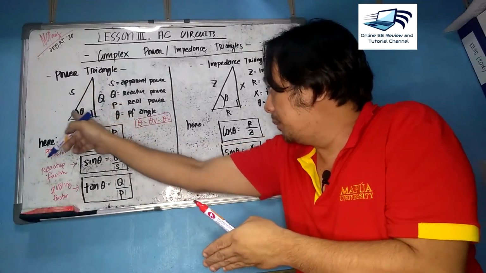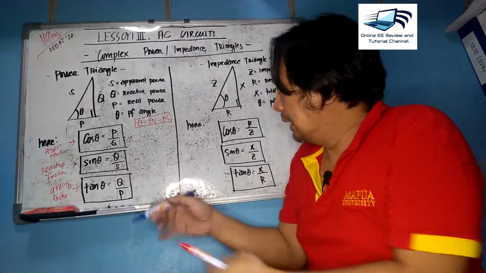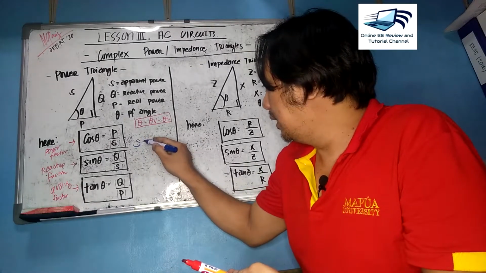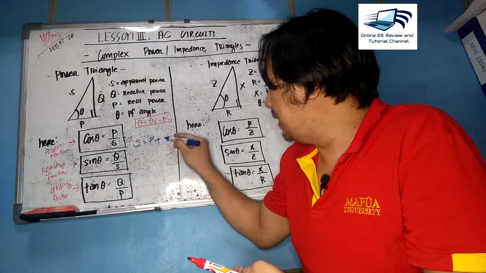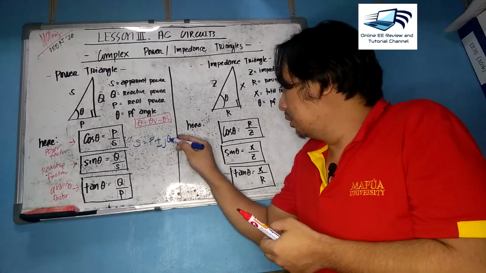If you do the complex number for S, that is simply equal to P plus or minus jQ.